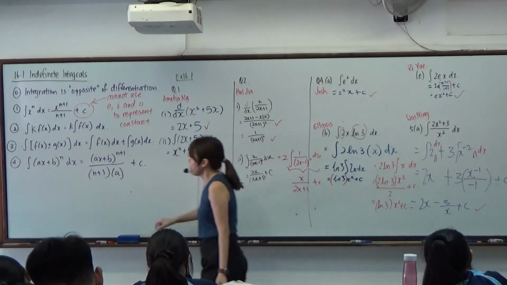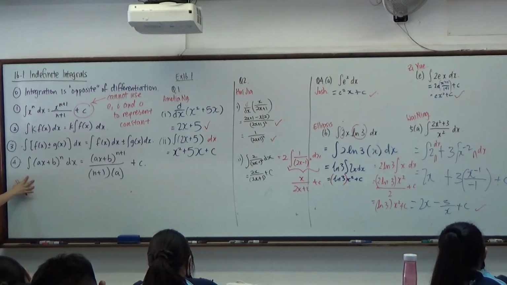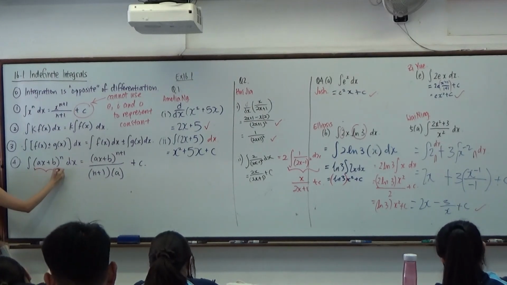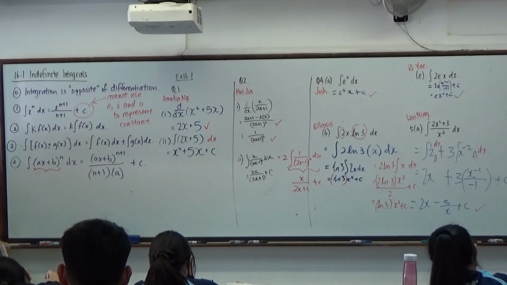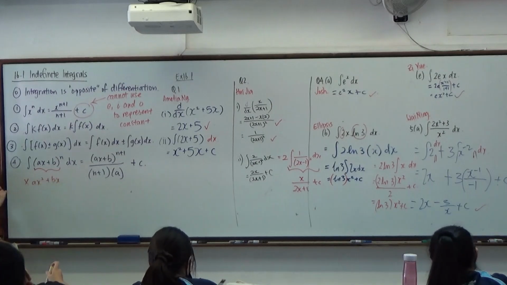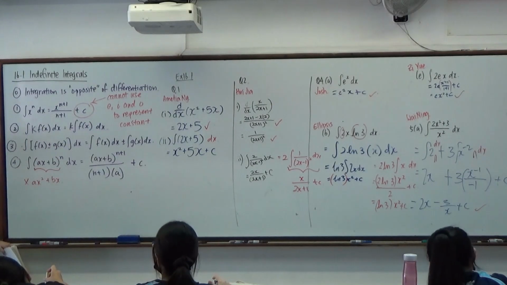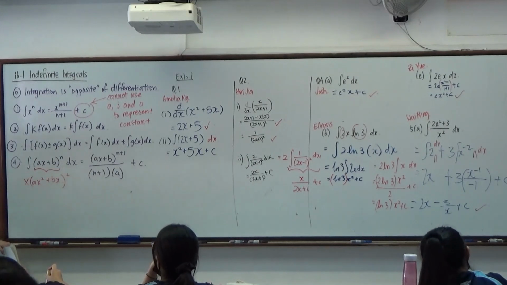Points to note regarding this integration rule is that it only applies when it is an algebraic expression that is linear, ax plus b. It cannot be ax squared plus bx. It doesn't apply. We don't have the skills at this level in secondary school to integrate this. Even if you ask me how to integrate this, I wouldn't be able to tell you.